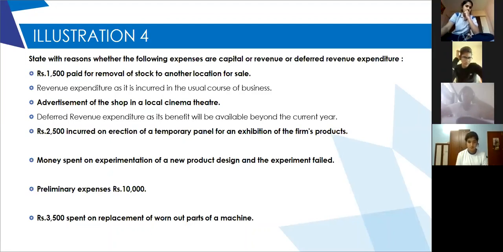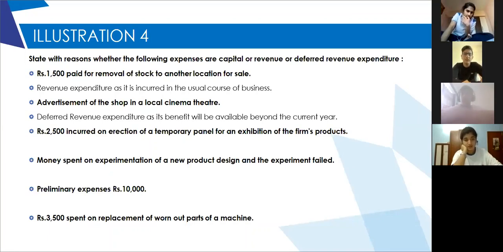Did not I say? I just explained that anything which is heavy expense, and advertising normally would come under revenue, not under capital. Yes. Next, 2,500 that is incurred on erection of a temporary panel for an exhibition of the firm's product.